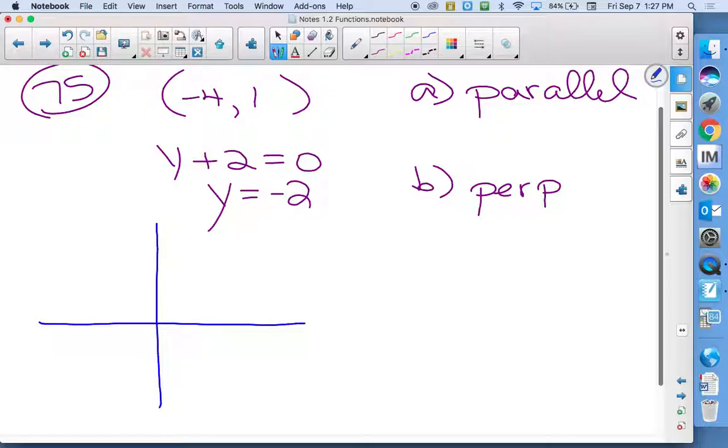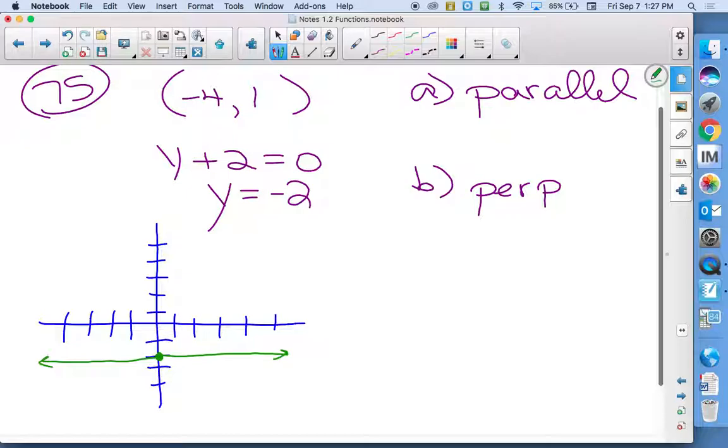So on my graph, we have a line at y equals -2. What kind of line is y equals -2? Horizontal. So you go down to -2 on the y-axis, you make a horizontal line.